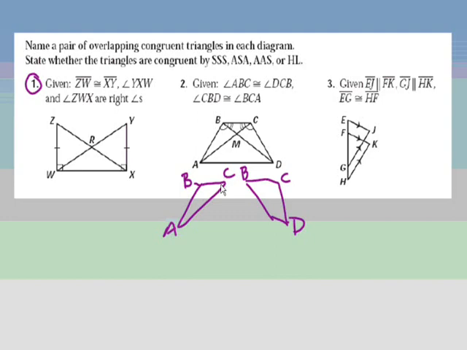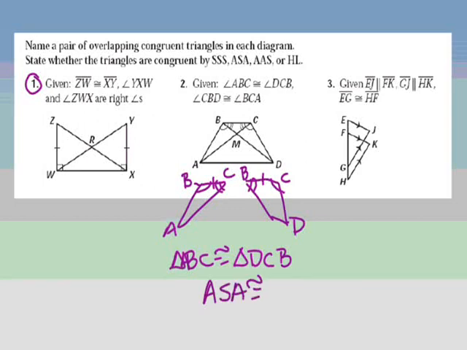And I've got this little angle C is congruent to this little angle B. The big angle B is congruent to the big angle C. And lastly, they both contain BC. So we have triangle ABC is congruent to triangle DCB, and the reason for that is angle, side, angle congruence.